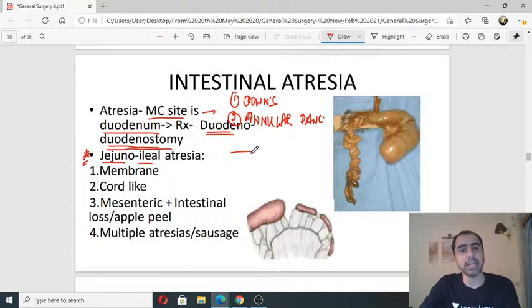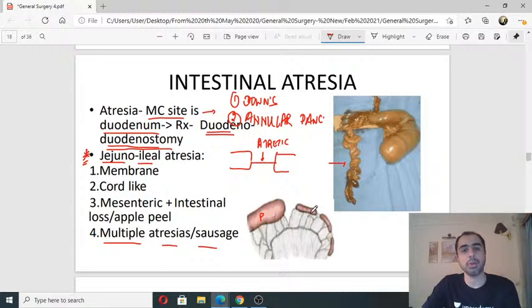There is a cord-like segment, so there is an actual missing segment like this. So a part of the intestine is actually atretic. That is type 2. Type 3 is this, apple peel. And type 4 is multiple sausage-like atresia.